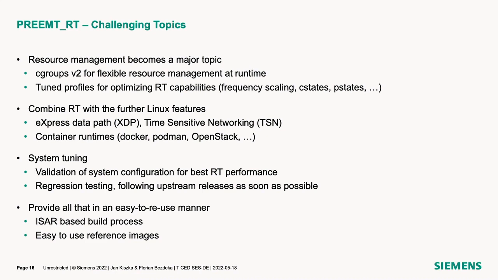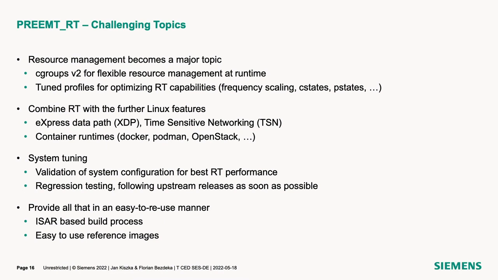Beside the resource management topic, we have the wish that all these real-time applications could be combined with the remaining features from the Linux stack. So we looked into the so-called express data path, to get the best performance for network processing for our TSN colleagues.